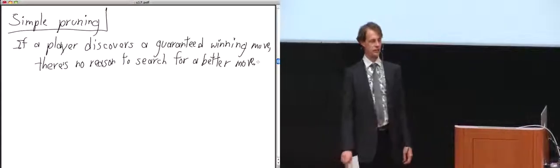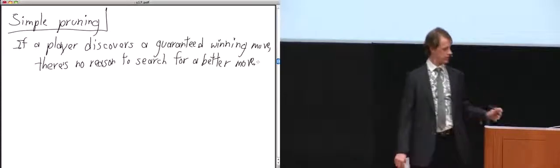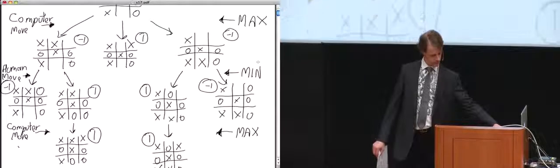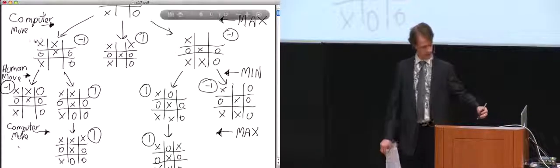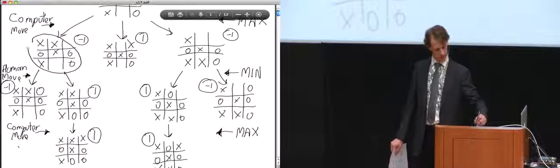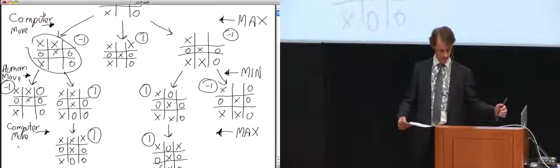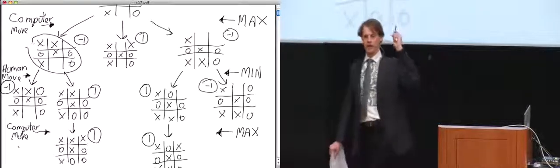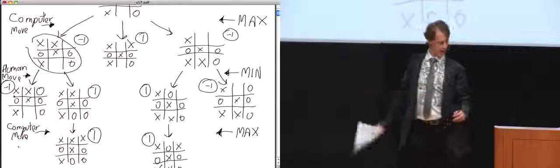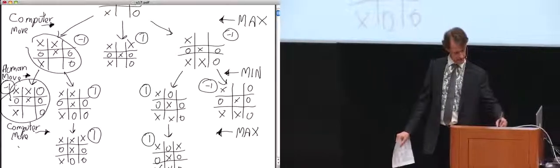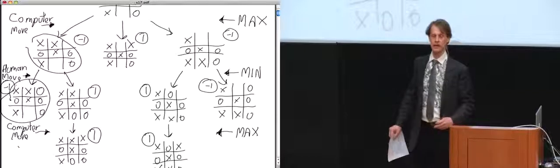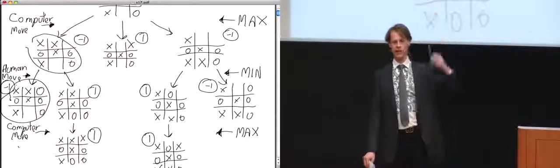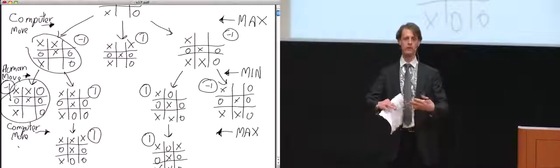So how do we put this into action? Let's go back and look again at the tree that we already looked at. So if you look at this tree, consider when you are evaluating this particular grid. It has two children. We expand the left child first, and we see that this grid has a score of -1. And since it's a human move, the parent grid is going to have a score that's the minimum of all its children.